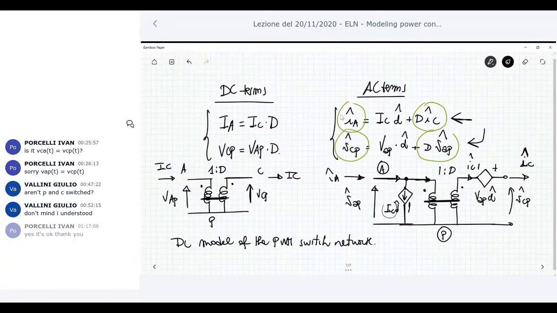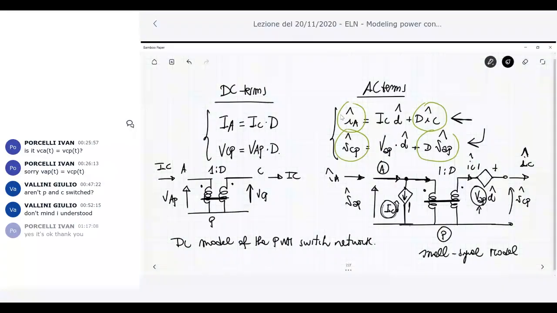So this is dependent on the VAP DC quantity. This is the AC DC quantity. D hat is the small signal variation, the perturbation. Okay. So this is the small signal model of our switch network.